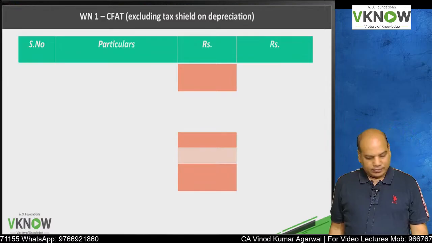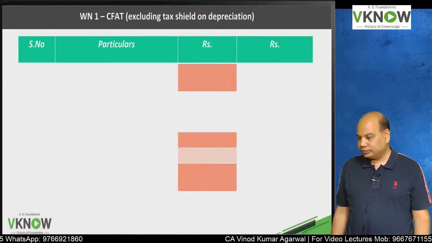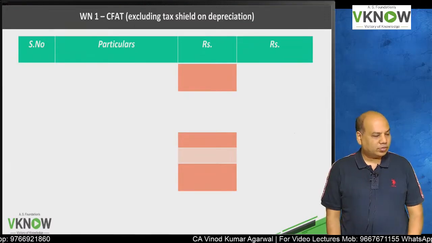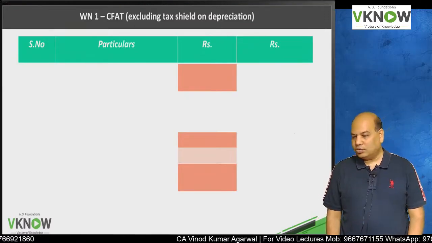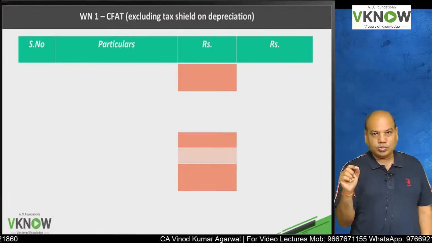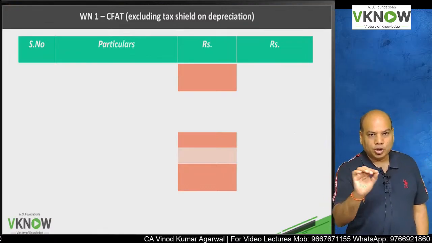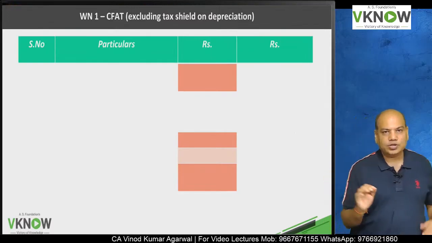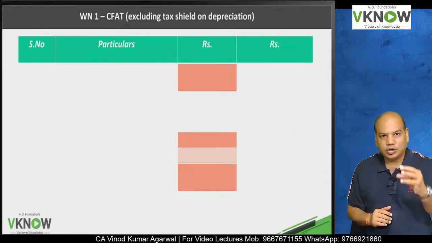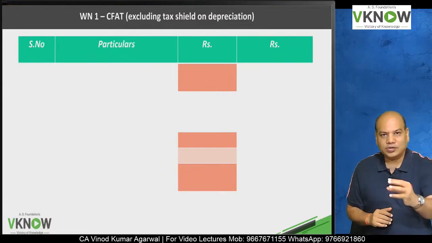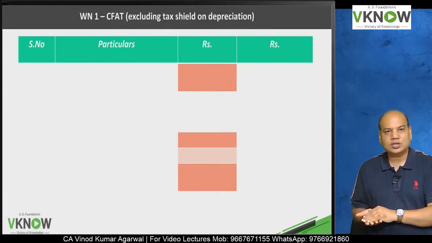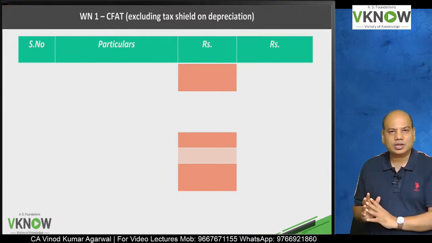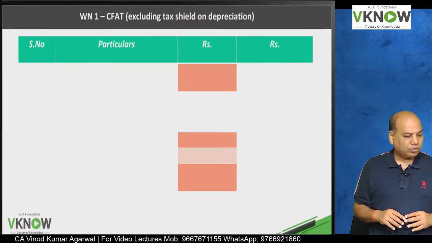Please solve yourself and give me the answer. Since you are intelligent students, I'll give you a chance. For the time being in this working note, do not bother about depreciation. Only you have to take the difference between increase in revenue minus increase in cost. The difference is cash flow before tax, minus tax is incremental CFAT. I have given you the hint.